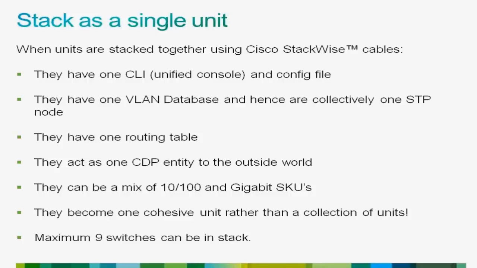Whereas if you connect 2 switches with an uplink like a 10 gig cable and configure STP on it, those 2 switches will act like 2 independent STP nodes. But when you consider a stack, it's going to consider the entire 9 switches in the stack to be a single STP node. And even the routing table will be unique. And when you check the CDP neighbor from the neighboring switch, it will show one switch, which is the stack switch.